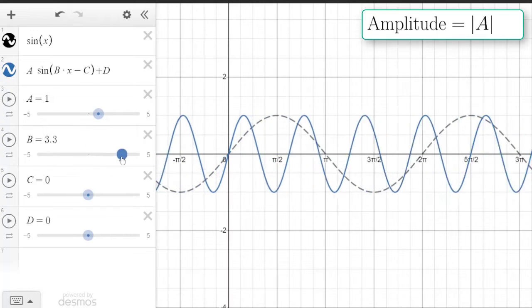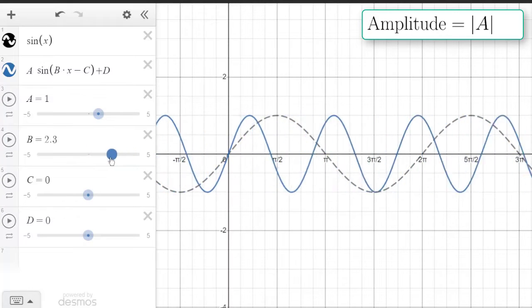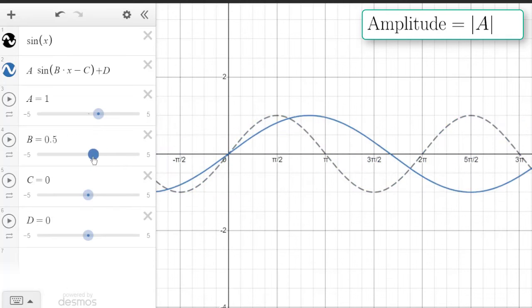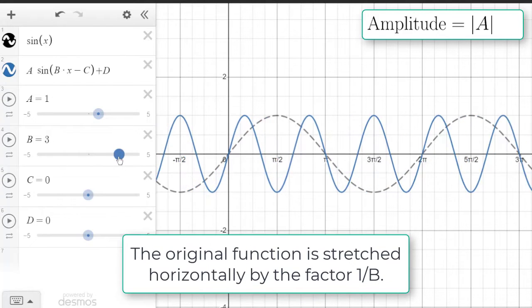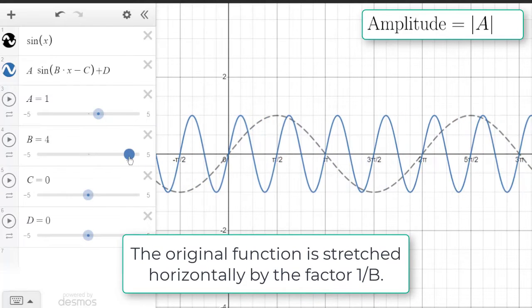So when b is large, I squish the graph, and when b is a small number, I stretch out the graph. This is a horizontal scaling of the graph. Just like a was a vertical scaling, b is a horizontal scaling. The graph is scaled by a factor of 1 over b, the reciprocal of b.